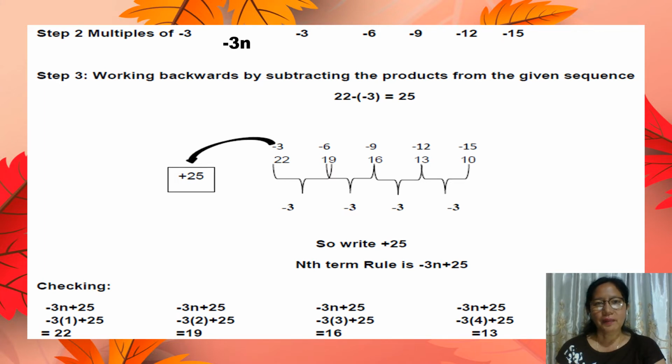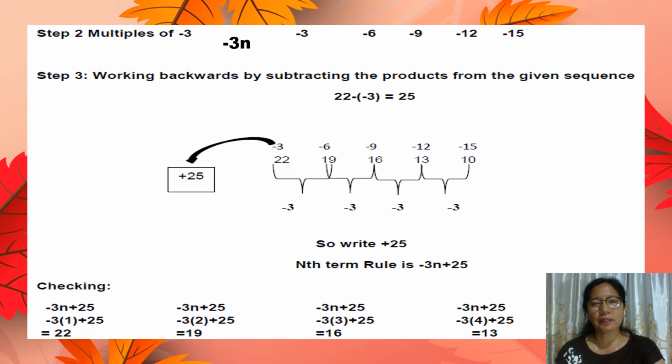We come up with these multiples of negative 3 following the expression negative 3n. So if n is equal to 1, negative 3 times 1, we have negative 3. If n is equal to 2, negative 3 times 2, that is negative 6.